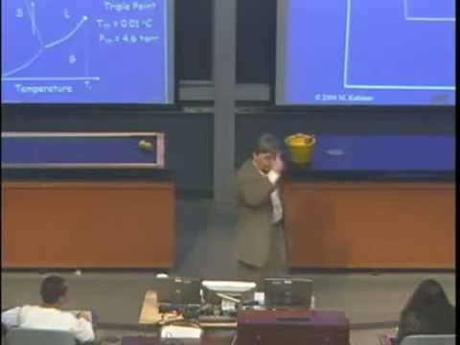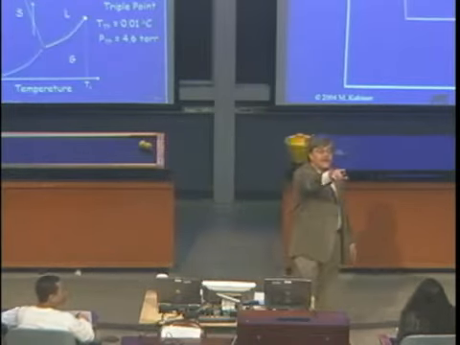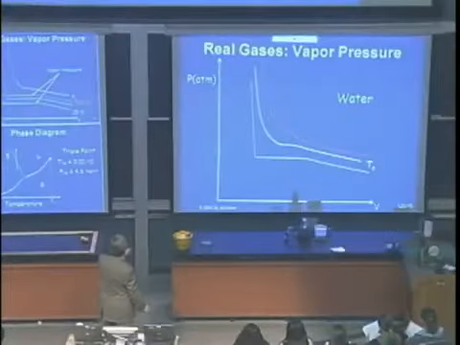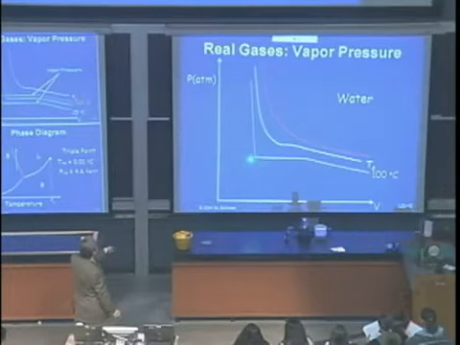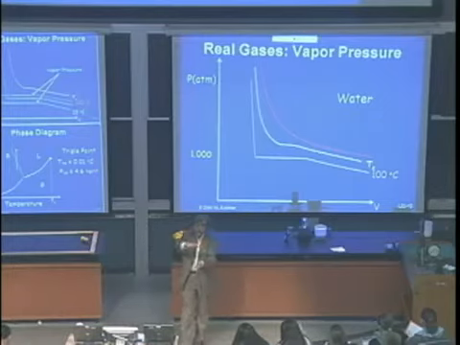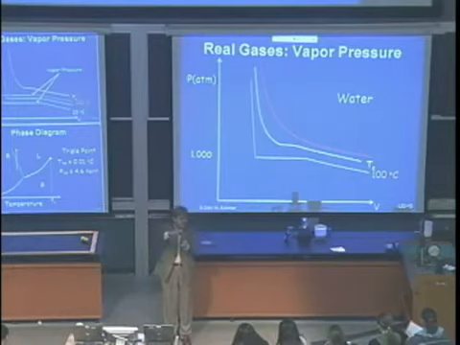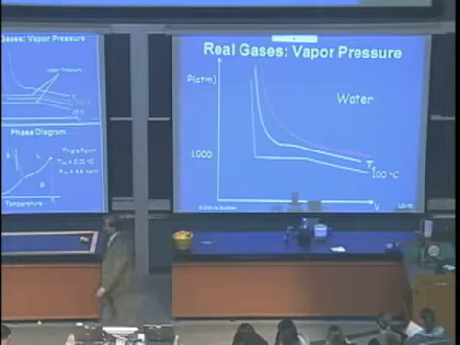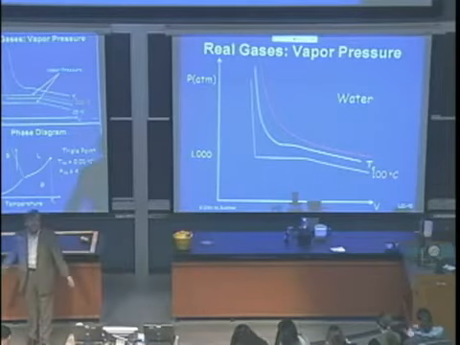Good, you remind me, I need to get some money. 1 atmosphere, and this would be at 100 degrees. So that means the water is in equilibrium with its gas, and the partial pressure above the water is 1 atmosphere of water gas, of steam.